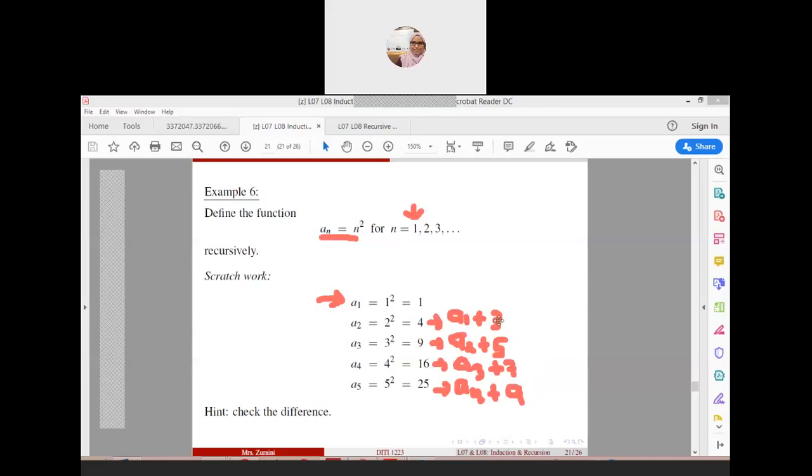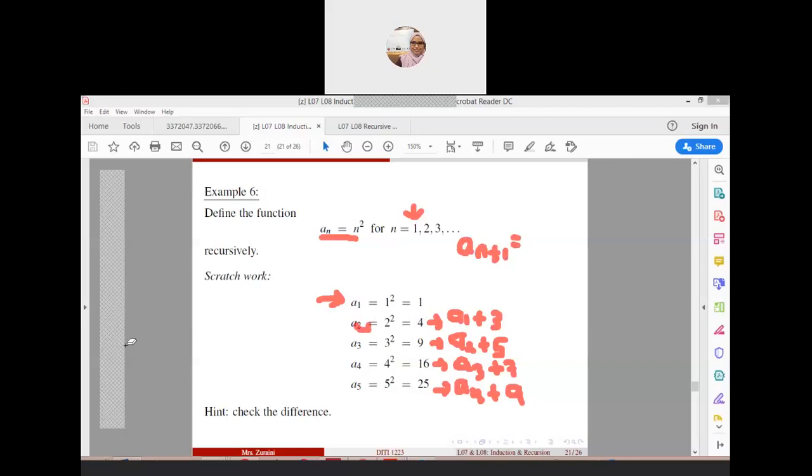Okay, so if our n is 2, here our n is 2, so it will become a_{n+1}, which is n equal to 2.